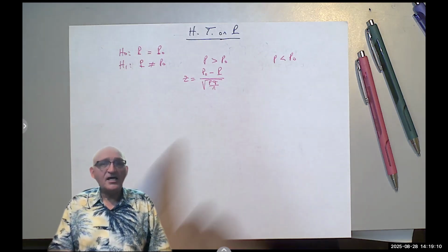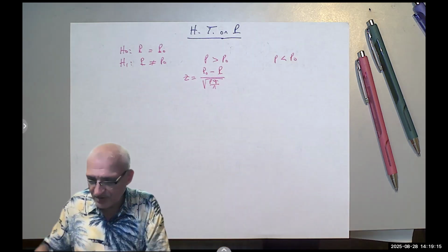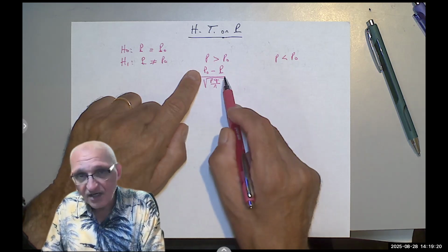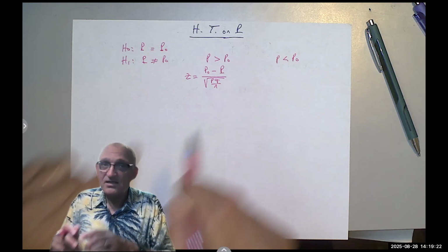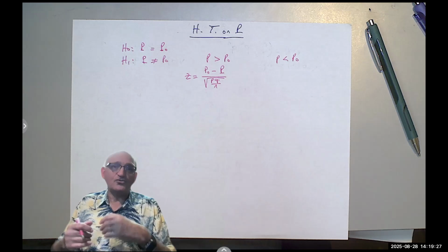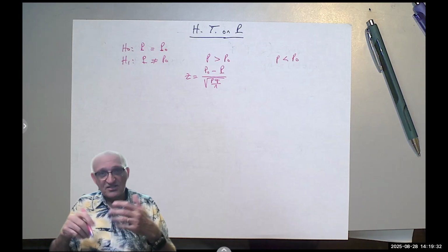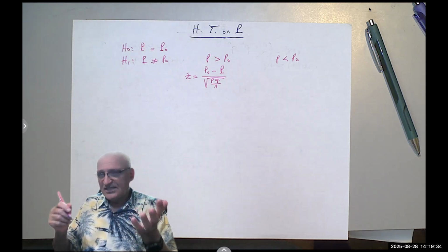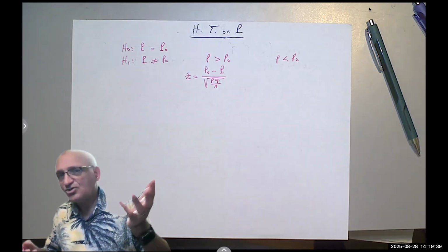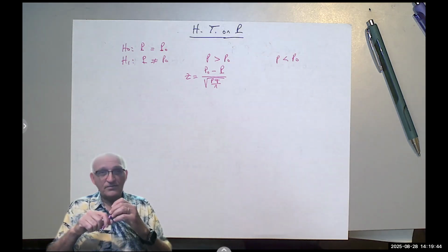Some people would say, shouldn't that be P0 Q0 over N? Because remember when we say X bar minus mu over sigma over root N, or over S over root N. And we said with the Z, we use the standard deviation sigma of the population. And then I told you that invariably we don't know sigma. If we know sigma, how can't we know mu?